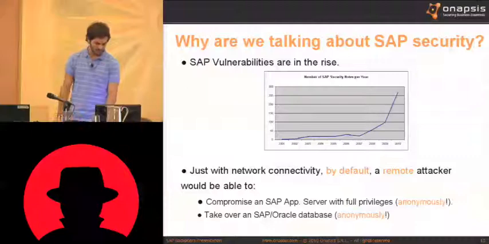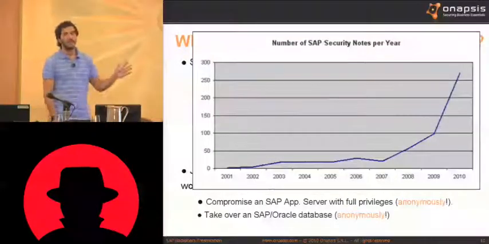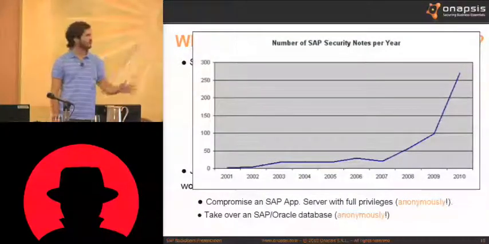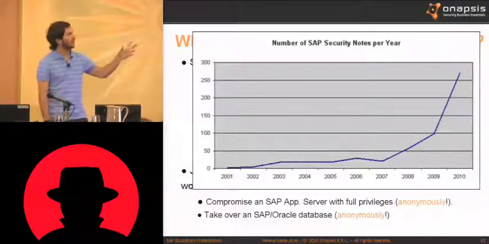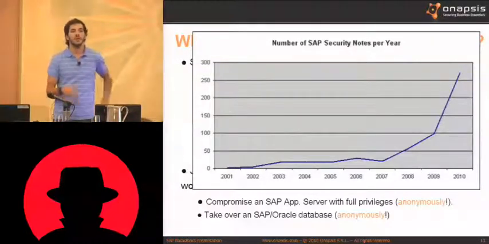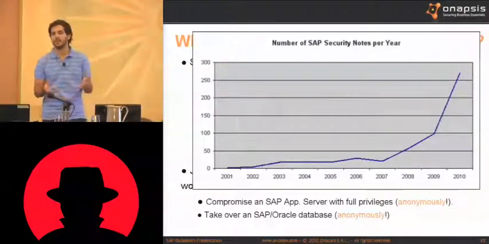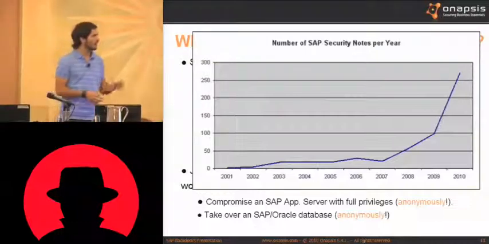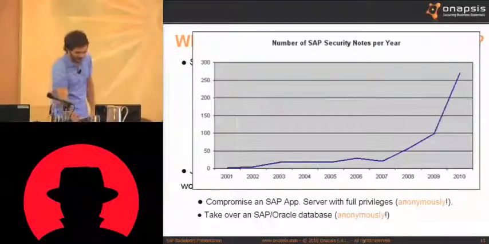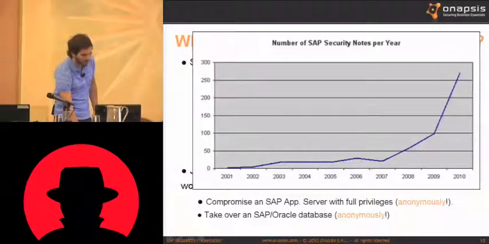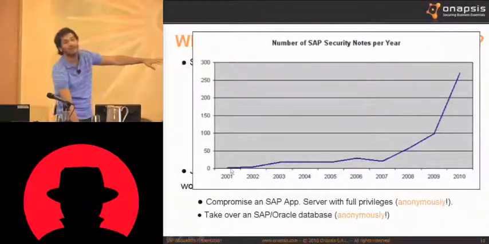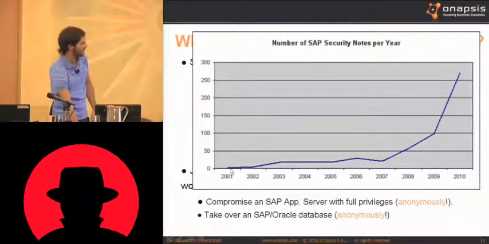What's important to know is that SAP vulnerabilities are pretty much on the rise. This is a graph showing SAP security notes, which can be pretty similar to Microsoft security bulletins. You can see that the SAP security team was probably pretty relaxed in 2001. There was not so much work to do for them.